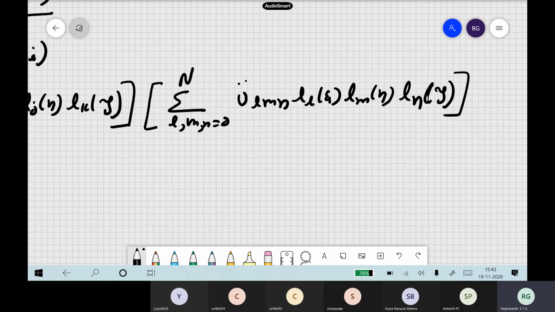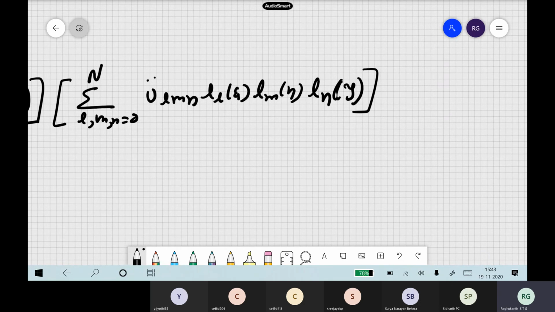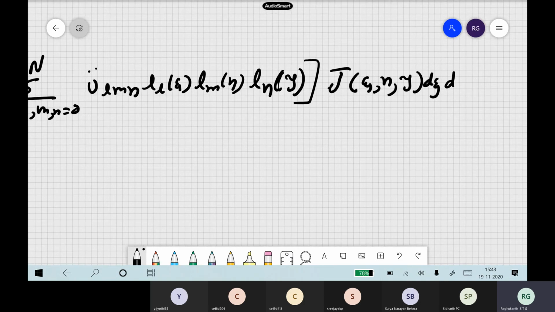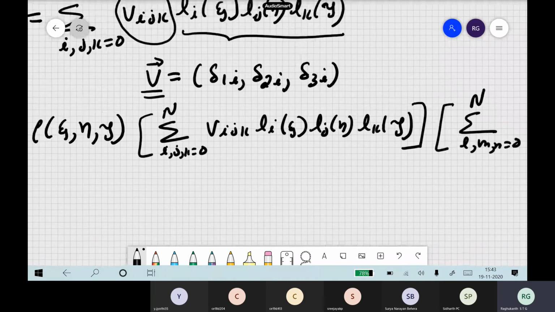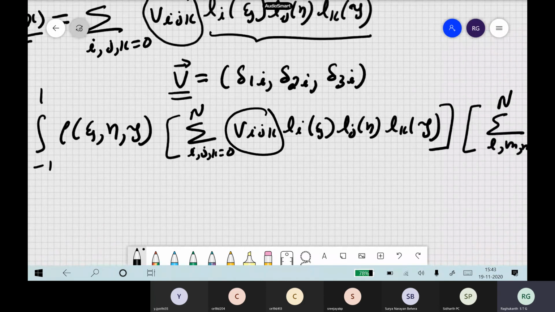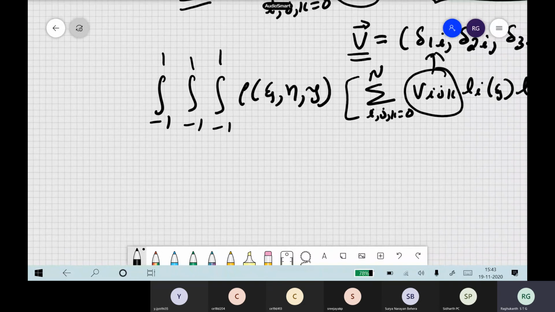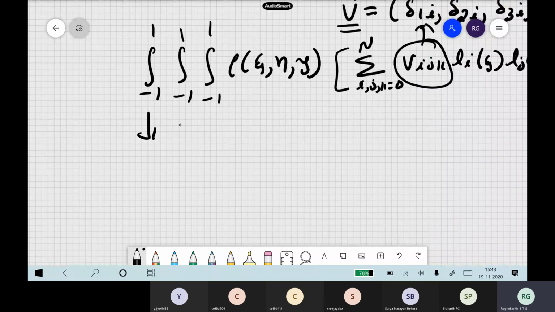Okay, so this is our thing, and of course we have this Jacobian matrix also, that is the transformation. So d psi, d eta, and d zeta. So this is our mass matrix, the big integral, and as I already told you, Vijk is delta 1i, delta 2i, and delta 3i. So now you do this integration with respect to GLL quadrature.